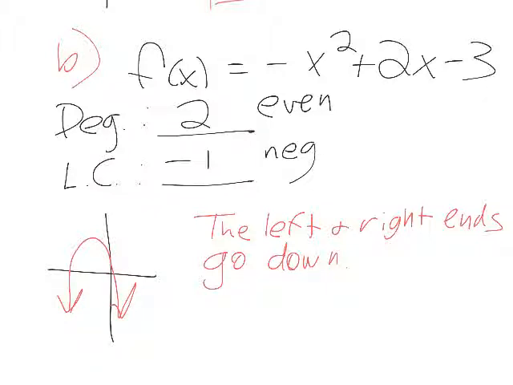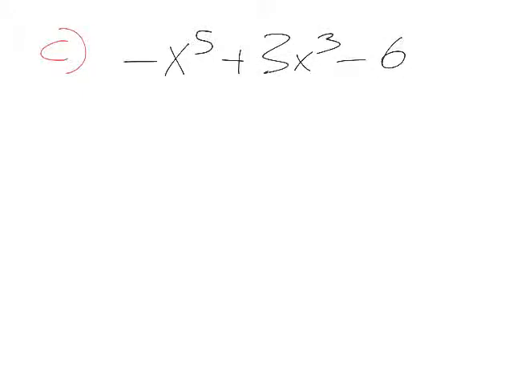I want you to see an illustration of each one of the 4 different ones. So we'll just do a different slide here so that one doesn't get too long. Negative x to the 5th plus 3x cubed minus 6. And we'll let that be g of x.